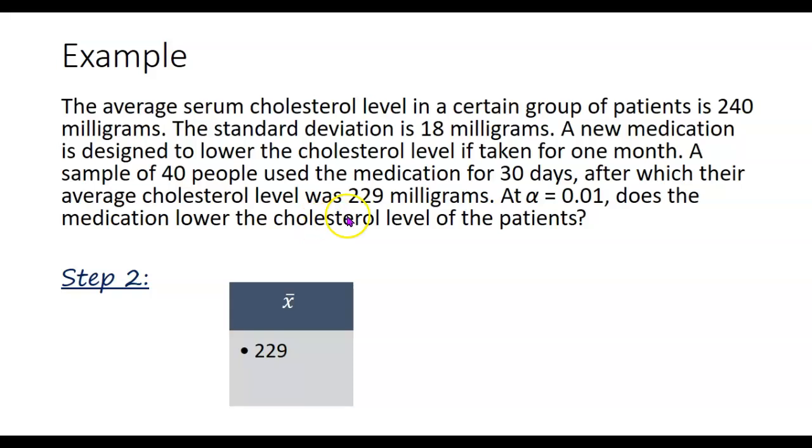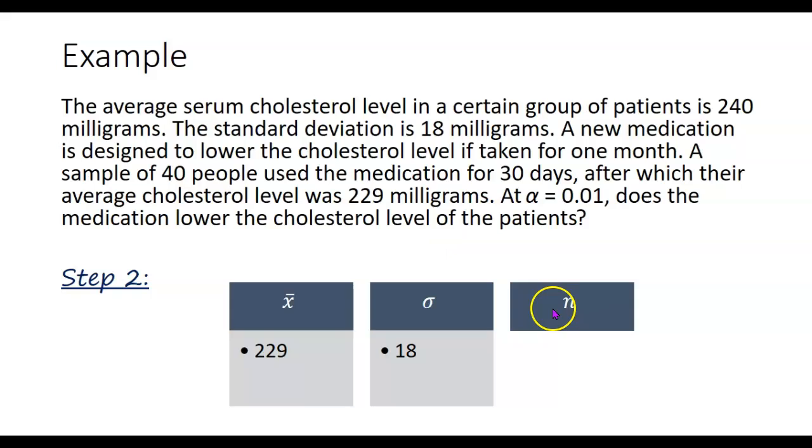Their average cholesterol level was 229 milligrams. What is sigma? What is the population standard deviation? The standard deviation is 18 milligrams. What about n, the sample size? That's how many, in this case, how many people were in the sample? 40, a sample of 40 people.